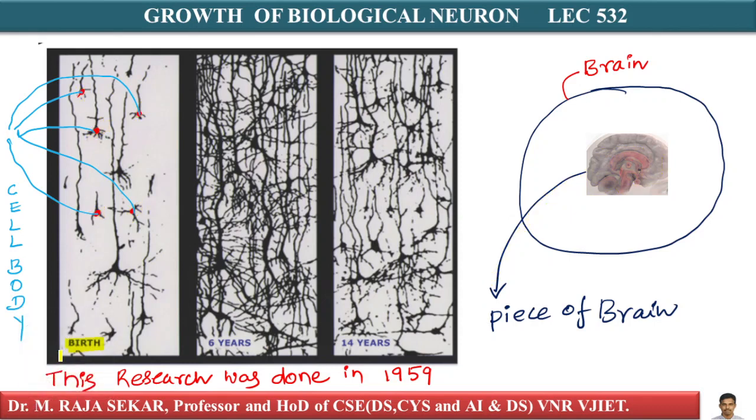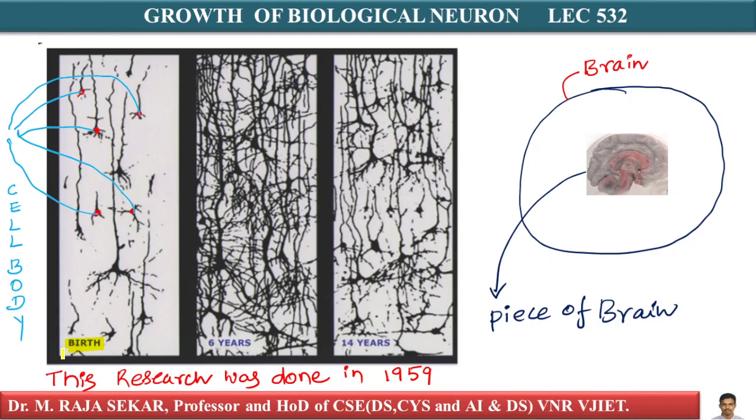Now this is an actual scan under a microscope. There are some dendrites and axons. Dendrites carry the incoming signal, and outgoing are axons.